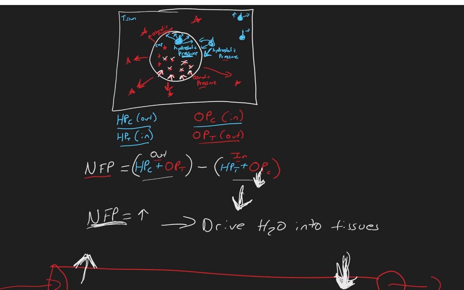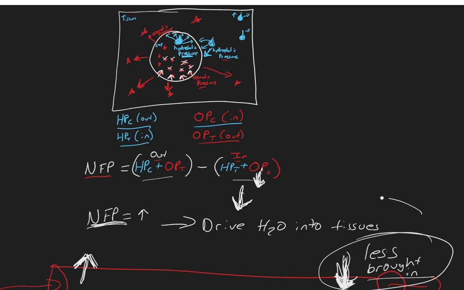Because of that, we have less brought back in on this venous end. If we have less brought in on that venous end, we have the same amount, if not more, pushed out on the arterial end, and less brought in on the venous end, so that means more remains in the tissues.